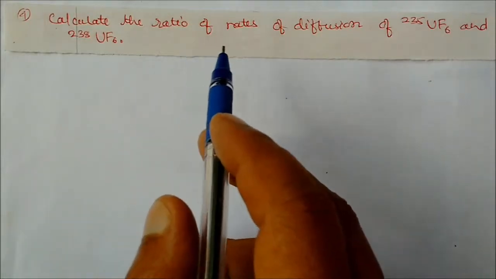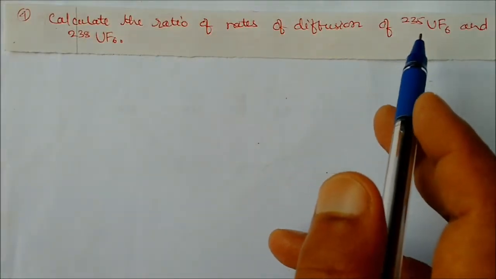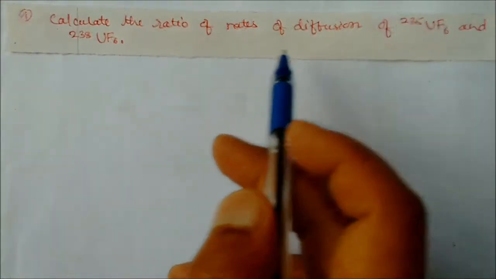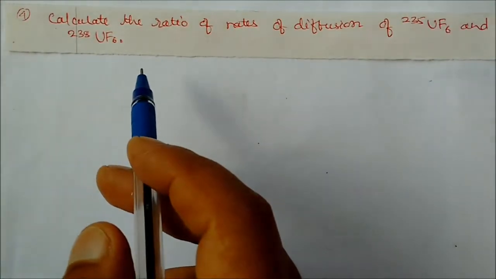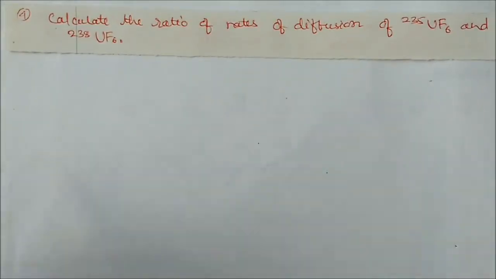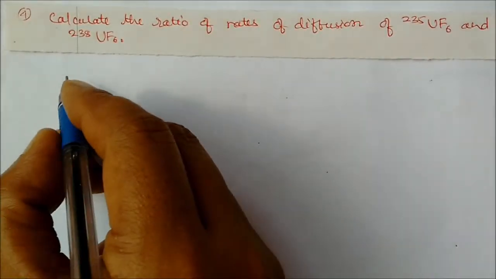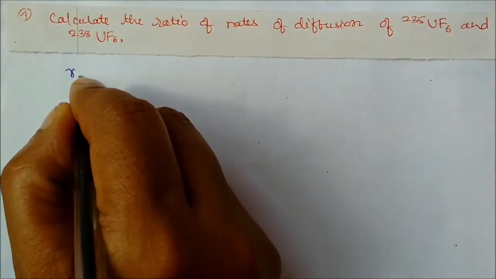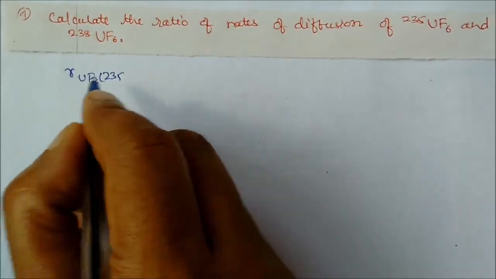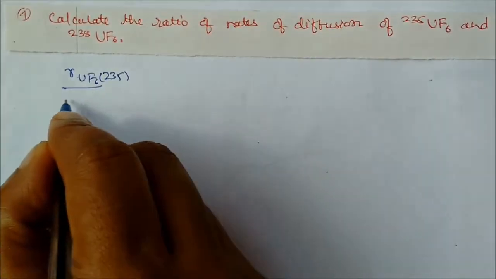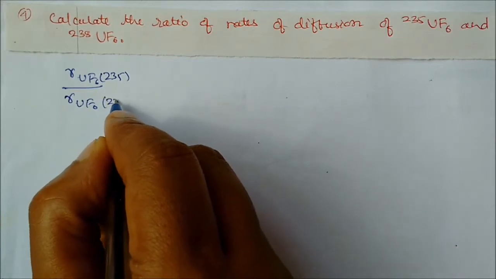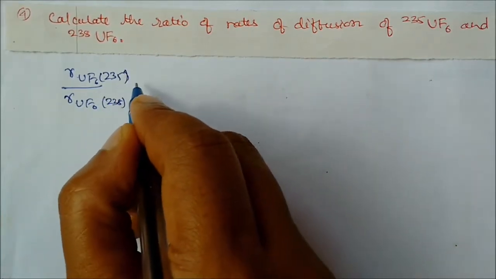Calculate the ratio of rates of diffusion of U-235 UF6 and U-238 UF6. Two isotopes of uranium fluoride have been given, and we have to calculate their rates of diffusion. Again, by using the formula, rate of diffusion of UF6-235 divided by rate of diffusion of UF6-238.